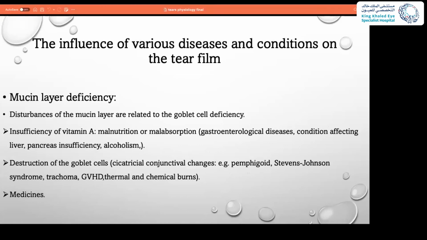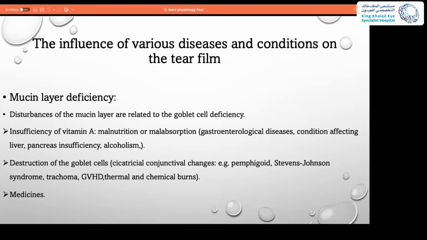Regarding the last and deepest layer, mucin layer deficiency is related to deficiency of goblet cells, and it can be related to insufficiency of vitamin A, either by malnutrition or malabsorption due to GI disease or any disease affecting the liver or pancreas, or in alcoholic patients.